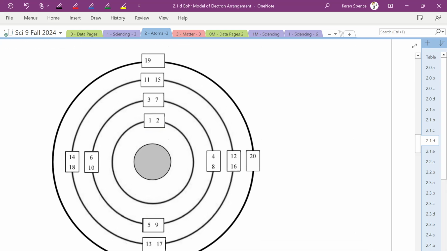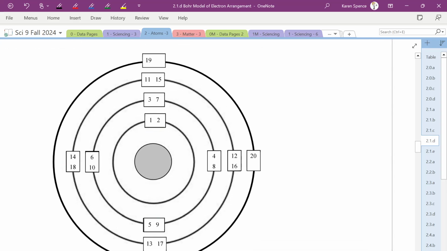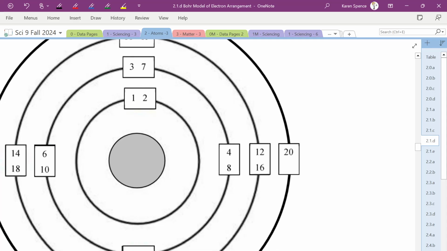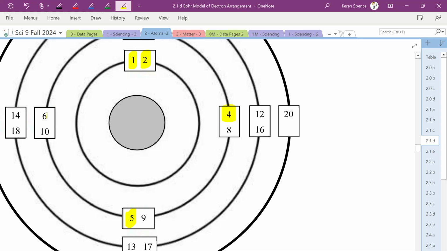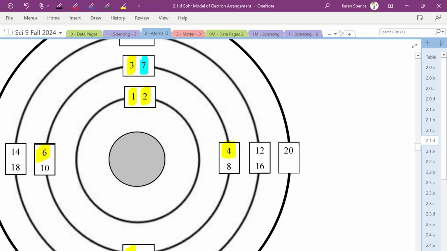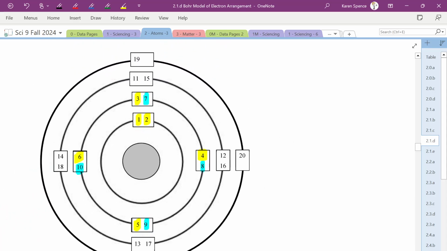Now, you don't need to really know this, but this just shows you that number 1 goes here, 2 goes here, and then you have 3, 4, 5, 6, and then they start pairing up 7, 8, 9, 10. And you do the same thing on the next shell and the same thing on the next shell. Take a look at shell number 4.